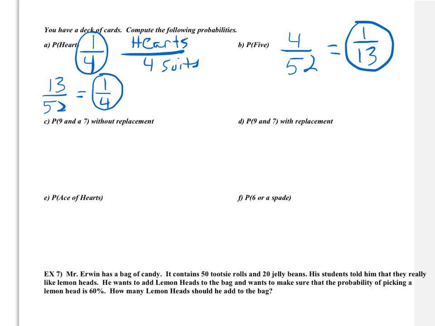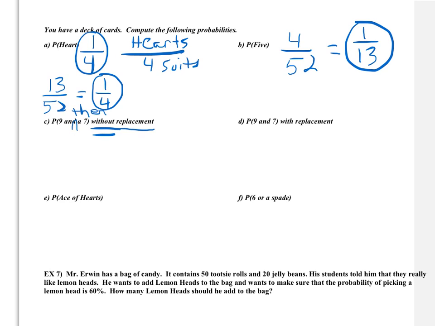All right, next, probability of a 9. Let's change this. You guys should have more room on your notes. Let's put "and then." Probability of a 9 and then a 7. Now, here is the key: without replacement. Here's what that means. We're going to do 2 draws.